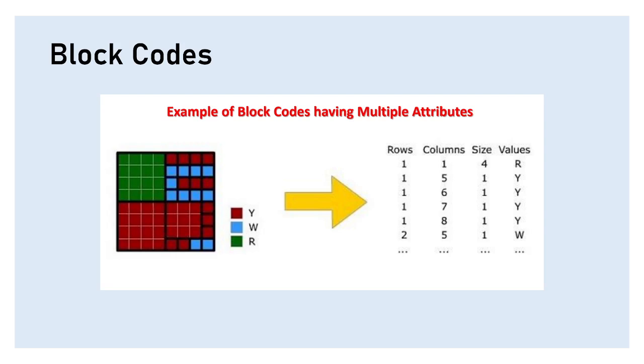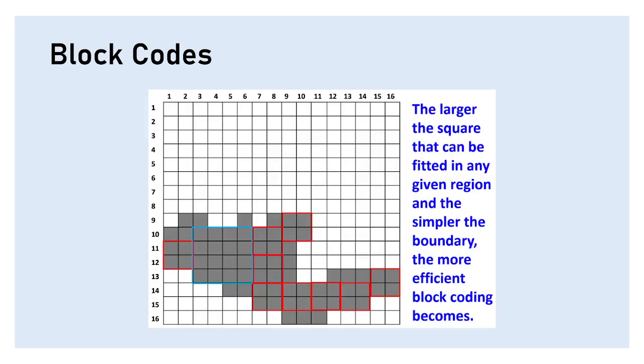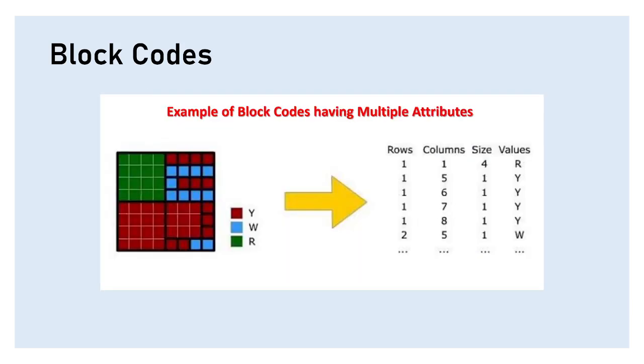So here we were discussing the binary one. So we'll see the one which has multiple attributes over here. If you take a look at this diagram on the left, we have 3 different colors, denoted as Y, W and R. So when you do the coding over here, you can see the row 1 that you are seeing here. In row 1 and column 1, we have the size 4, 1, 2, 3, 4.